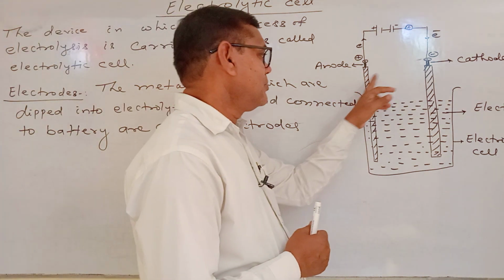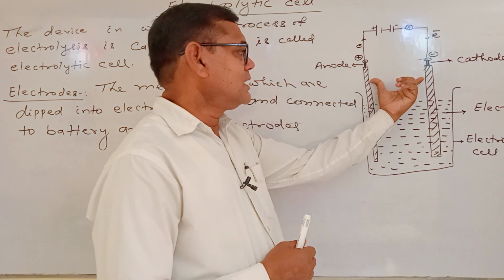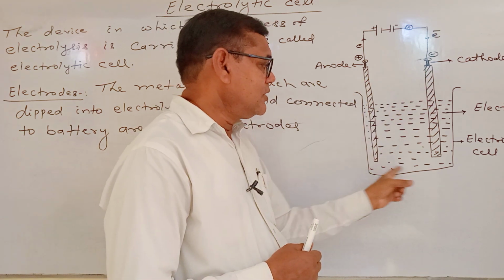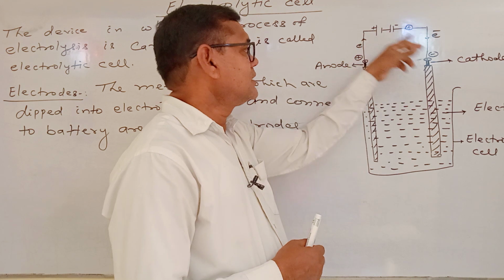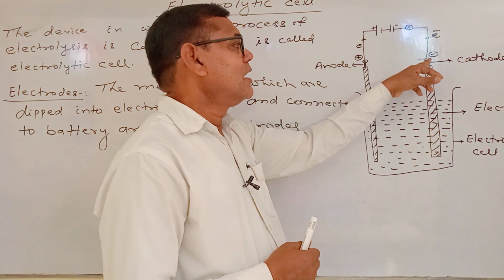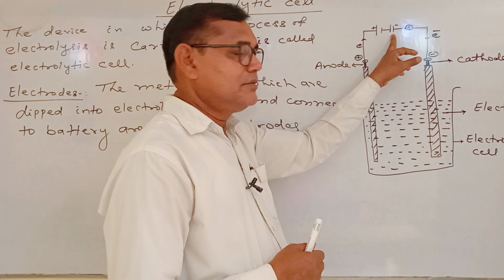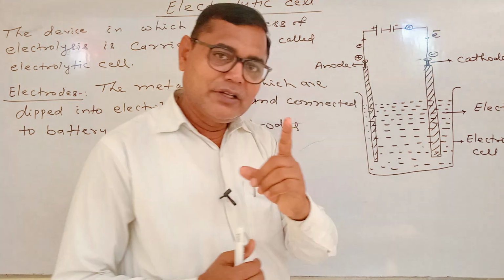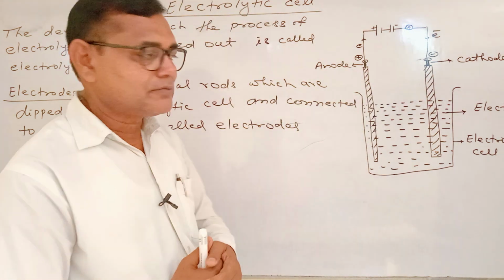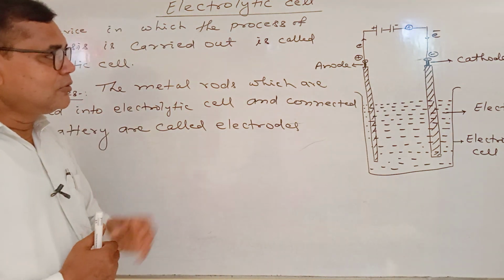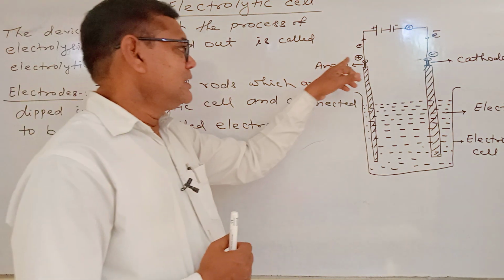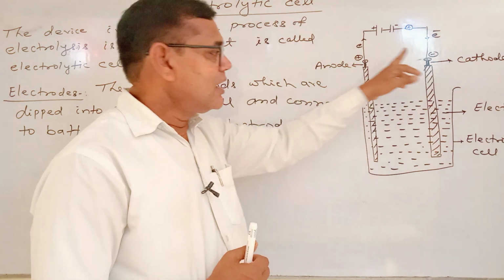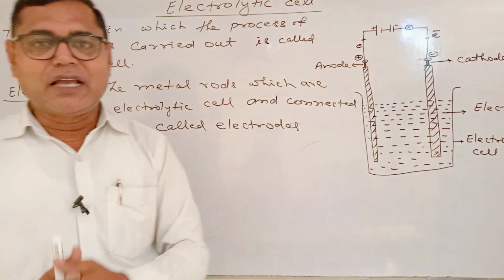These are metal rods which are dipped in the electrolytic cell and connected to the battery. Therefore, these are called electrodes. Now we see it is a positive sign and it is a negative sign.